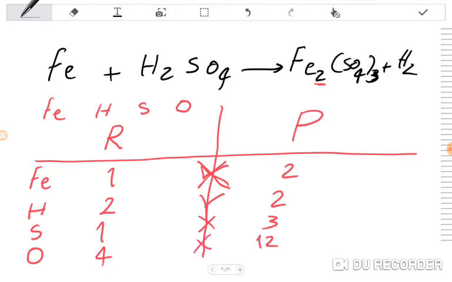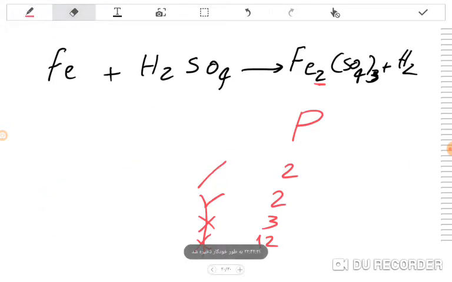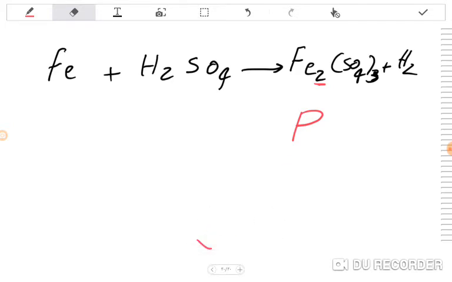How can we balance it? No problem. Again, we use the math technique. Okay.